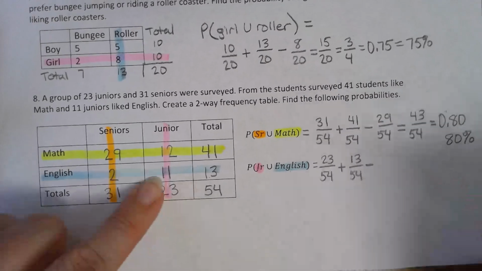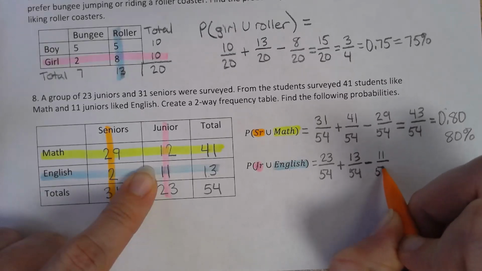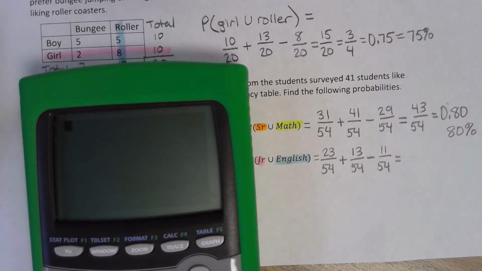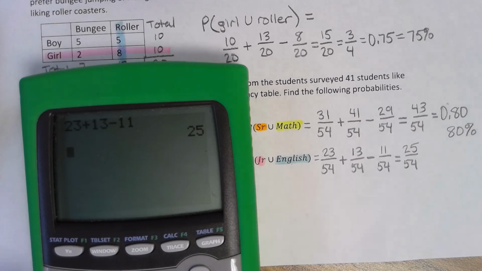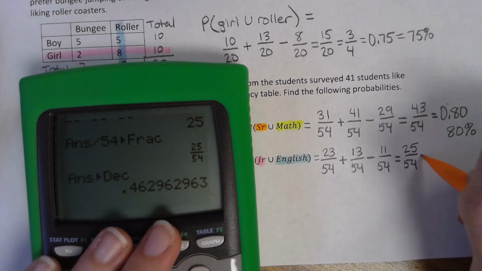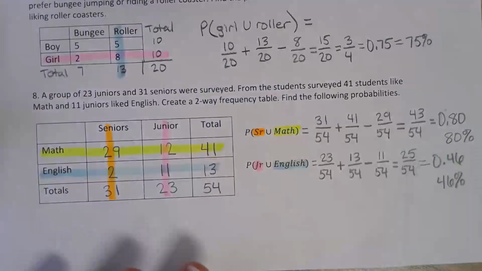But keep in mind, because we have the intersection there, those 11 we'll need to subtract in order to find the correct probability. So 23 plus 13, take away 11, gives us 25 out of 54. I'm pretty sure that does not reduce, which it does not. Math decimal, rounding to the nearest hundredths, we get 0.46, so that is approximately 46%.